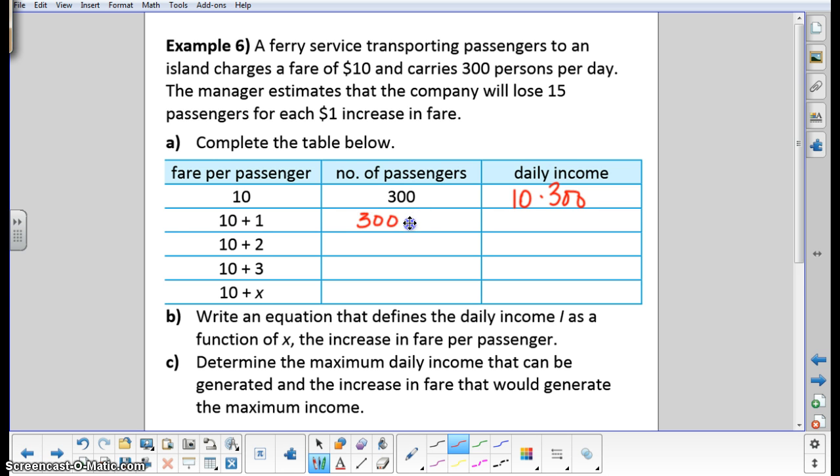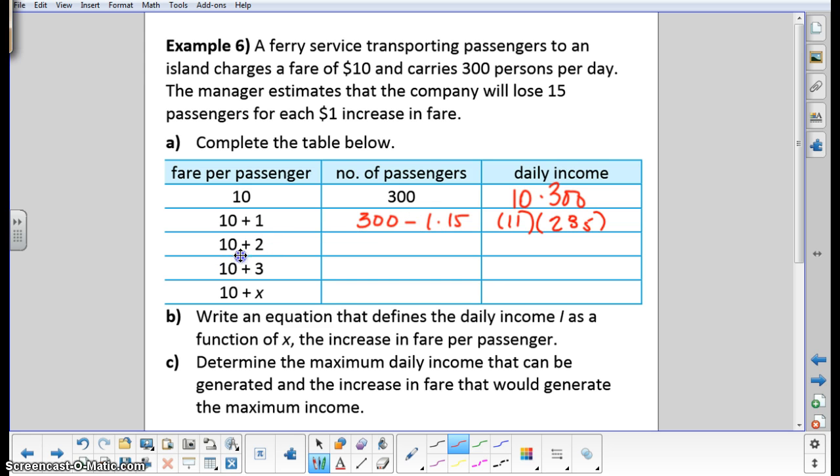So 300 minus 1 times 15, and so this is going to be 11, and 300 minus 15 is 285. So we multiply this number times this number.